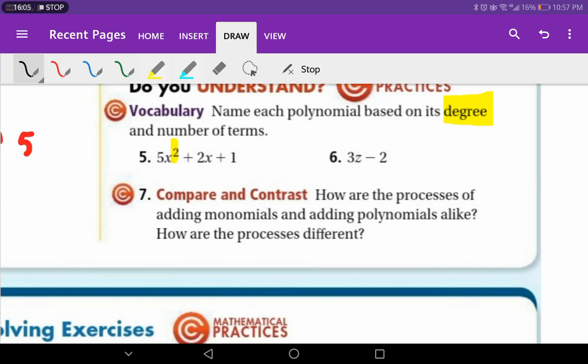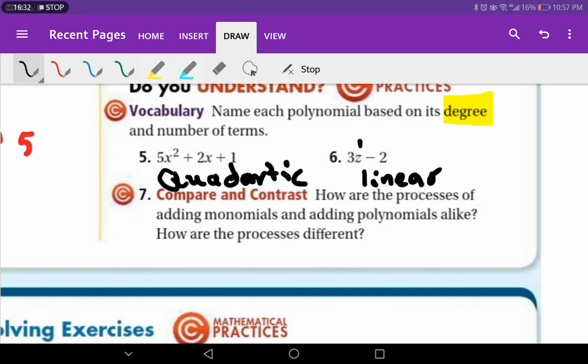So if the highest degree of the polynomial is 2, we call it quadratic, because the highest power is 2. Great. The second one has a power of 1, so this is linear.